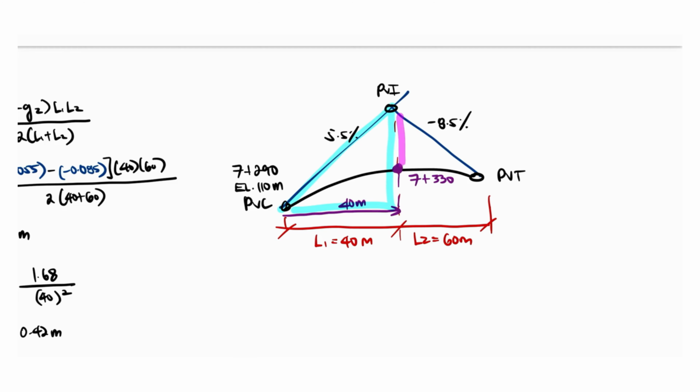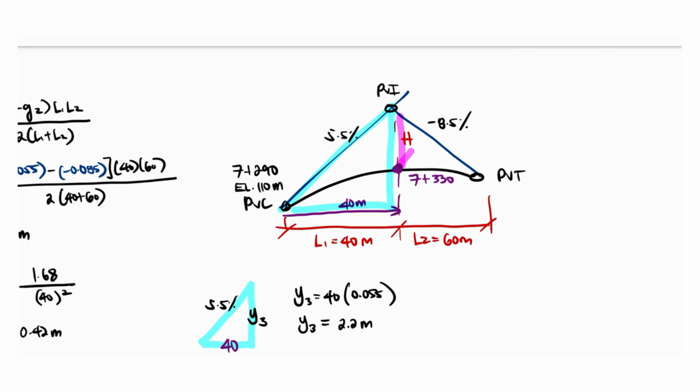After that, we will determine the vertical distance from the PVI down to the curve. From the illustration, this vertical distance from the PVI to the curve is equal to h, which represents the height of the curve. From the illustrated triangle, y3 represents the height, with a slope of 5.5% and a base of 40 meters. Using the slope relationship, y3 is equal to 40 times 0.055, which gives the value of 2.2 meters.